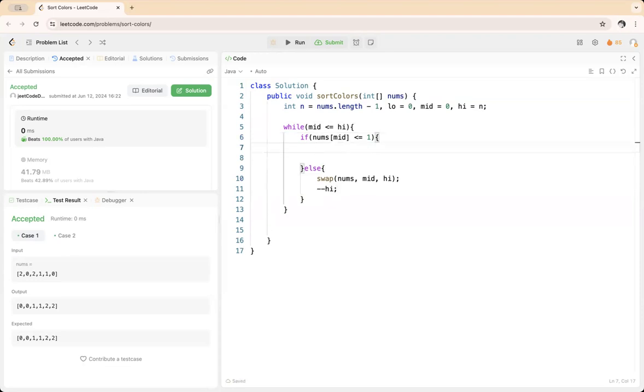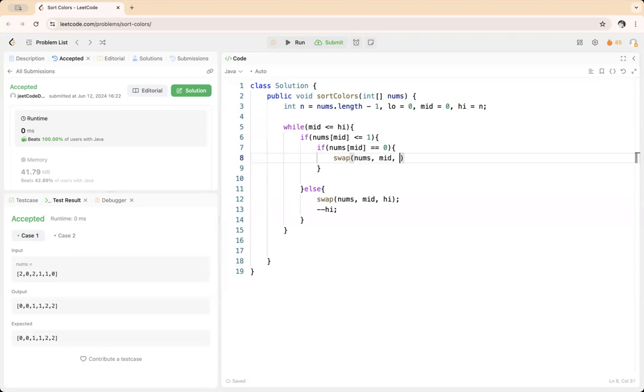In the first case, there are two subcases. If nums of mid is equal to 0, it means that I have to swap the mid with the low value, and since low has to point to the next slot where 0 can go, I have to increment the low.